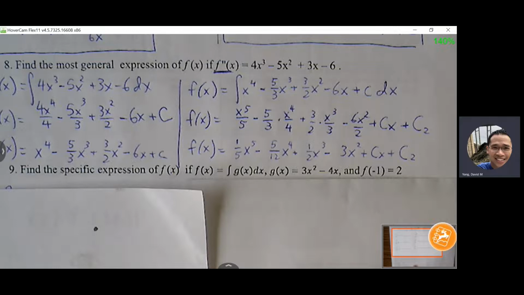But we can't combine them, because these are c values from 2 different layers, right? They're not from the same integral. But technically, every term is producing a plus c, so we are merging them within the same integral process. We're just not merging them across different integral processes.